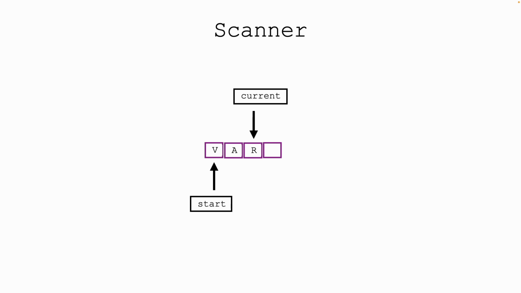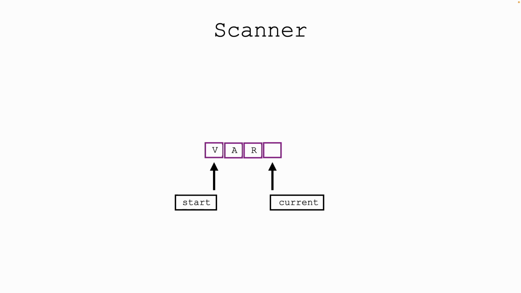Okay? And then, of course, when it gets to a space, then we will simply say, okay, we now have a token between start and one less than current. Okay, so that is essentially how the scanner works.